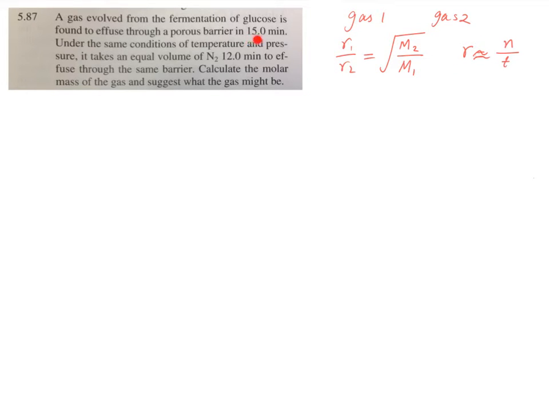It takes longer for this unknown gas to effuse, 15 minutes, than the nitrogen, which is 12 minutes. So which one effuses faster? Nitrogen. So which one is lighter? Nitrogen. So the molecular weight of nitrogen gas is lower than this unknown gas. Okay, now we can try to solve this problem.